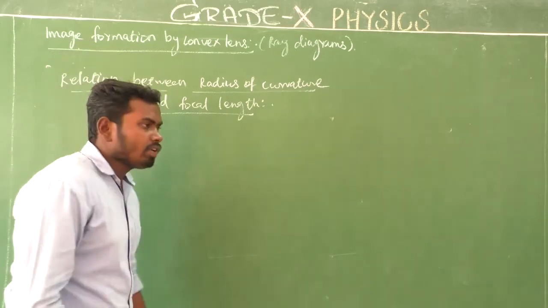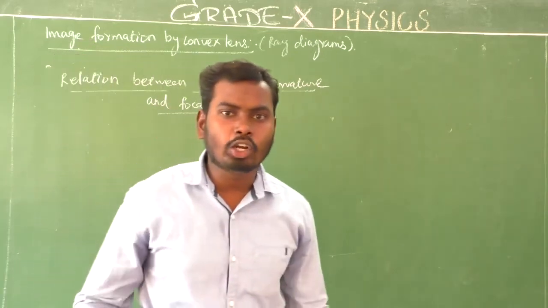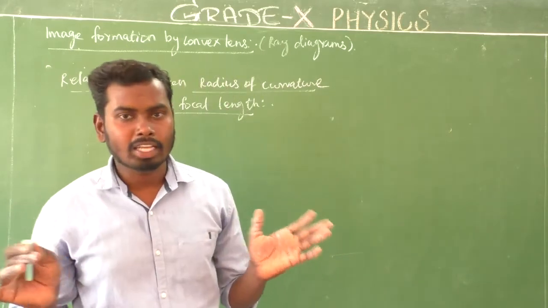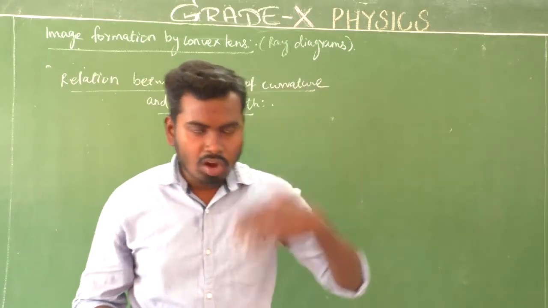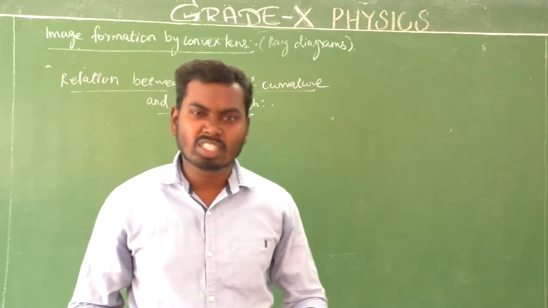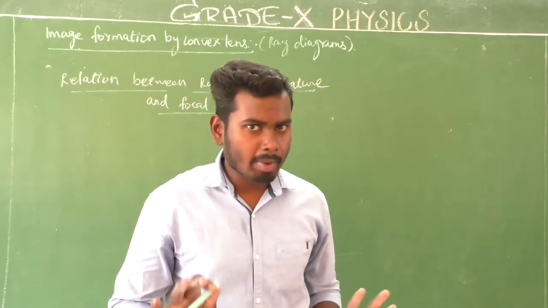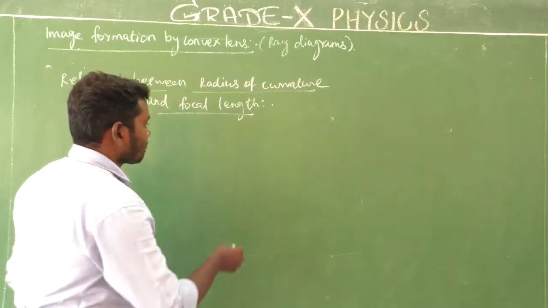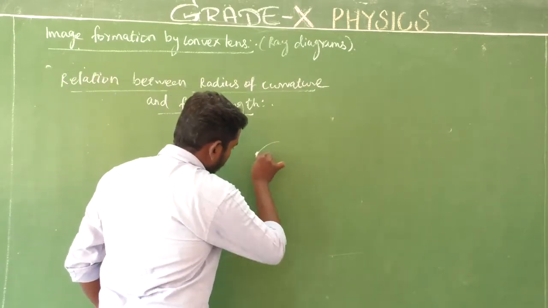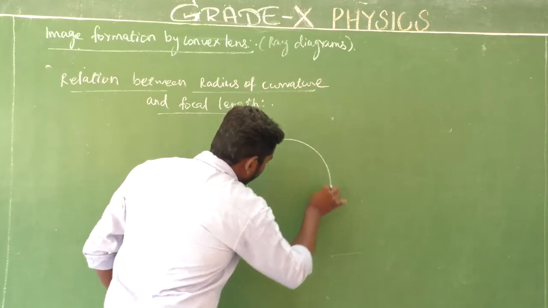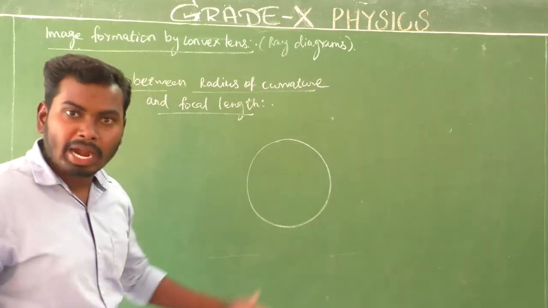Already we know the spherical lenses, both convex lens and concave lens, are bounded by, which means formed by, two spheres made up of glass. Consider one sphere made up of glass.